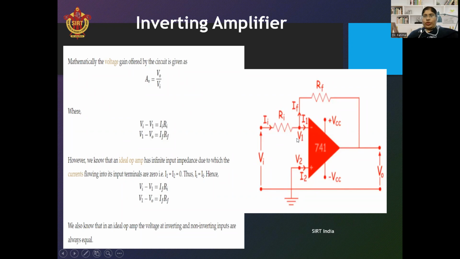It is equal to V1 minus V0. On this terminal of RF, V1 is present, and on this terminal of RF, V0 is present. So write them mathematically: Vi minus V1 equals Ii Ri, and V1 minus V0 equals IF RF.